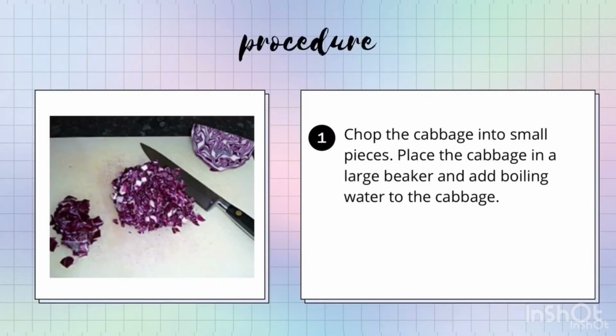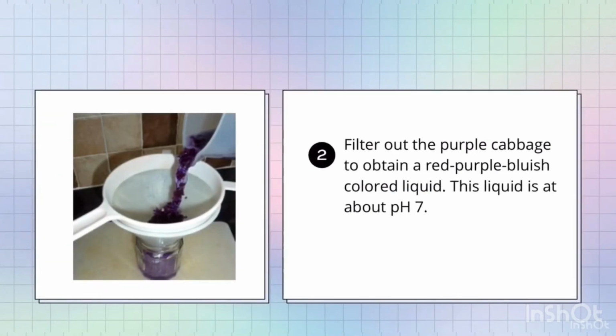Firstly, we need to chop the cabbage into small pieces. Place the cabbage in a large beaker and add boiling water to the cabbage. After that, filter out the purple cabbage to obtain a red-purple bluish color liquid. This liquid is at about pH 7.